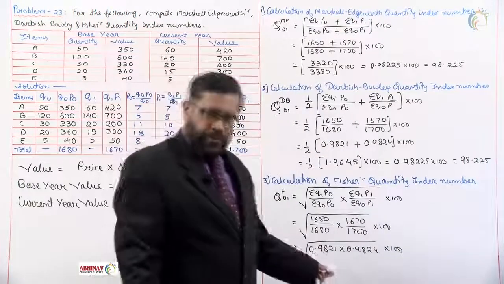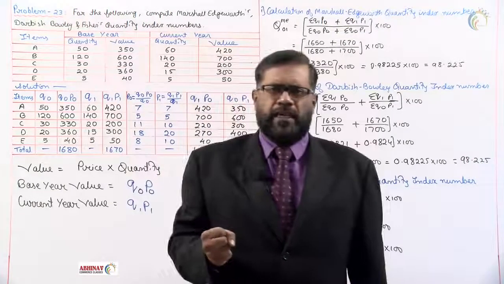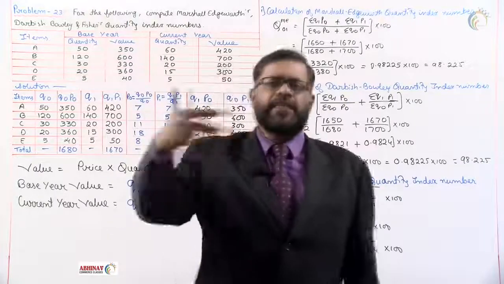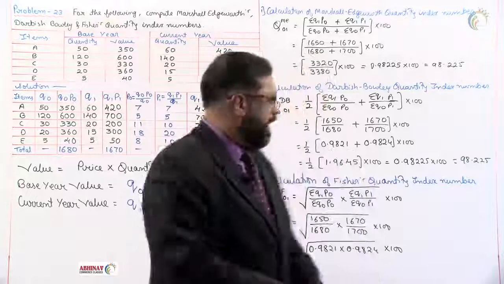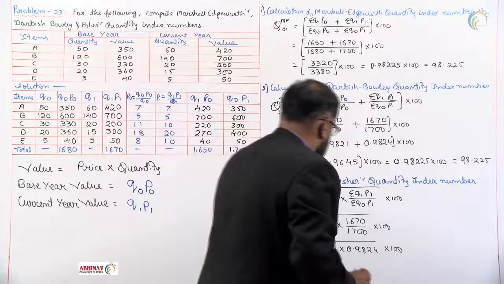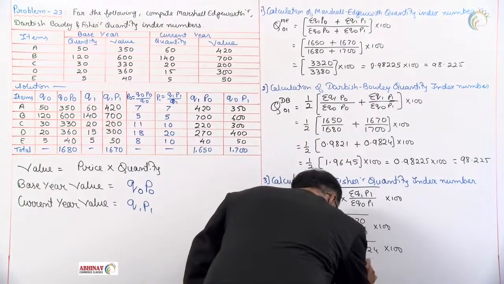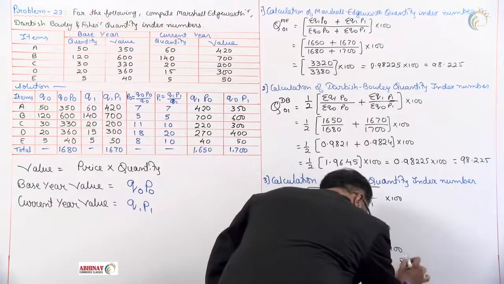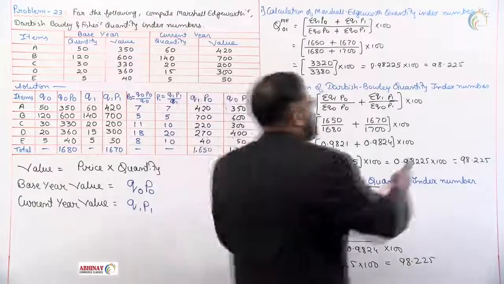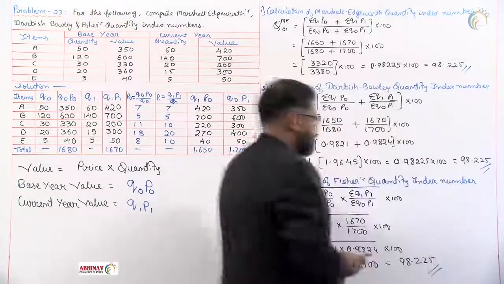Now when you get the multiplication done, don't round off the values, as I always say. After multiplying, before finding the root, take all the digits on the calculator and find the root, and we get the exact answer. So after multiplying, when you find the root, it's going to be 0.98225 into 100, that is 98.225. So here, Marshall Edgeworth, Dorbish-Bowley and Fisher's are almost the same.